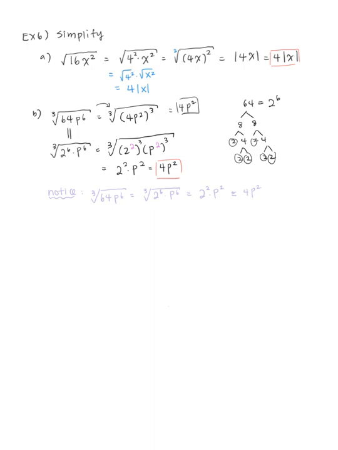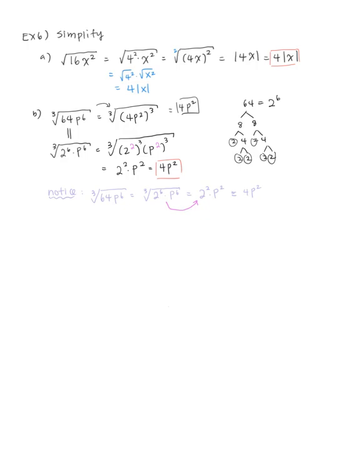Okay, so this is the key part right here. From here to here, do you notice what happens? Do you see any relationship between those numbers? We got a 3 as the cube root, 6 as a power, and the resulting powers are 2 and 2.